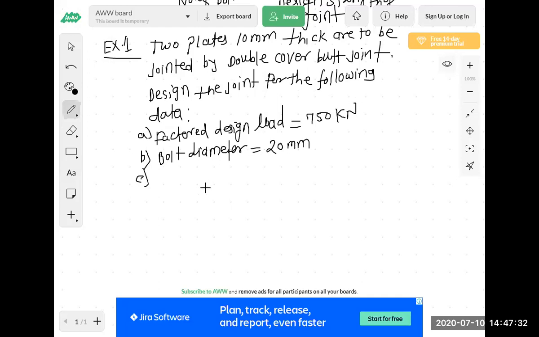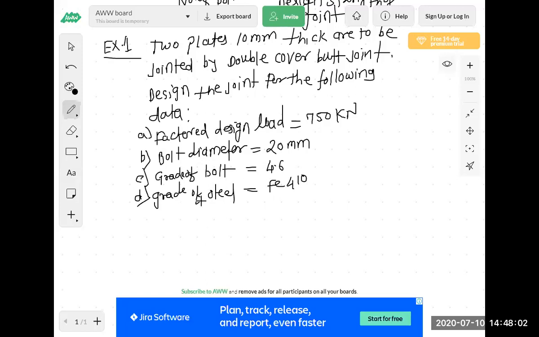Then small c, grade of bolt is given. Grade of bolt is equal to 4.6. Then small d, grade of steel is given. That is Fe410.